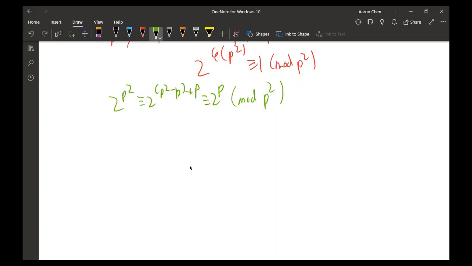And so, once again, since we wanted 2 to the power of m to be an odd power of 2, we want m to be an odd number.